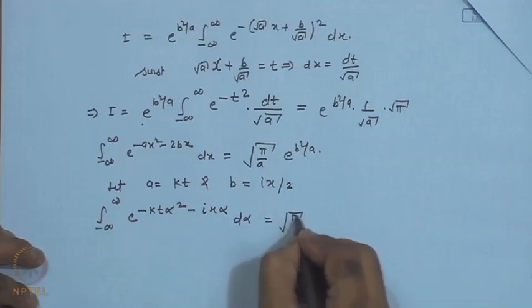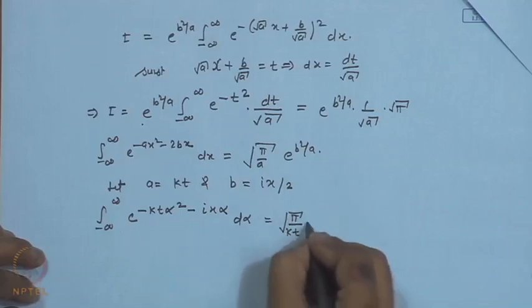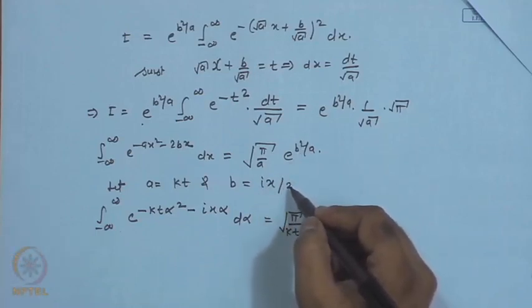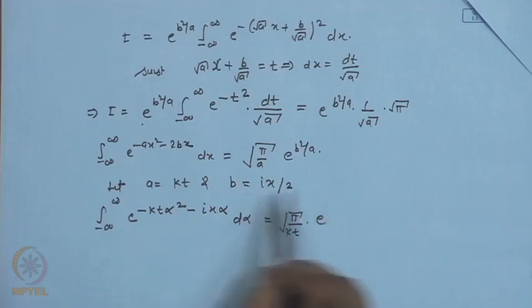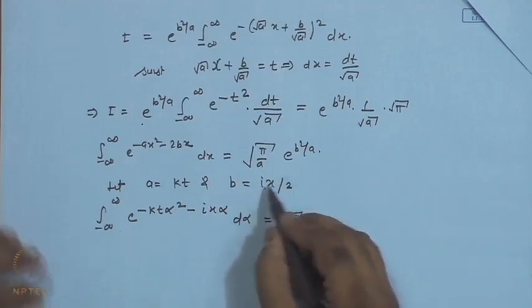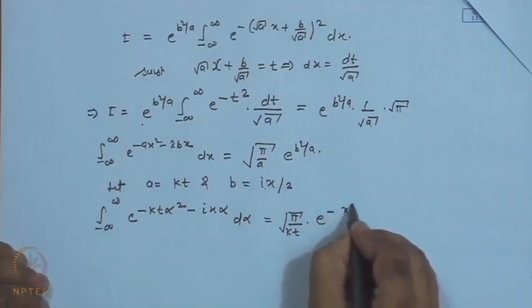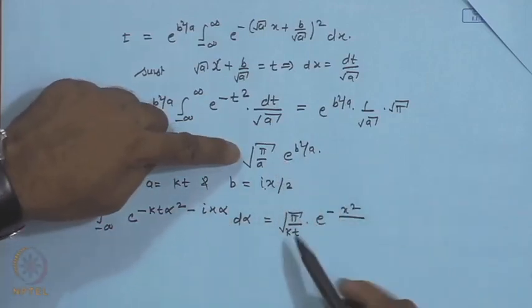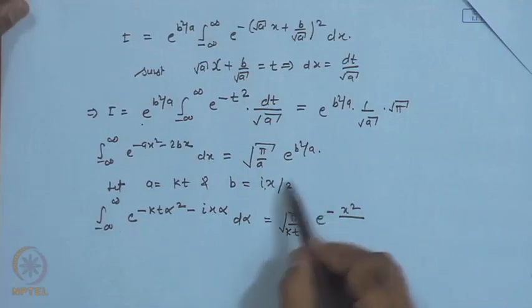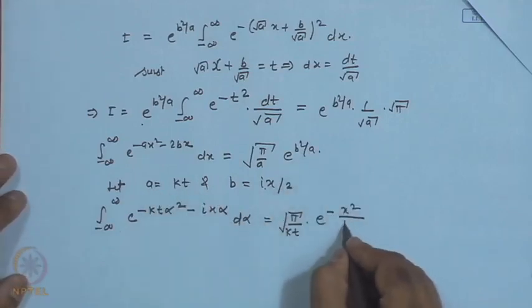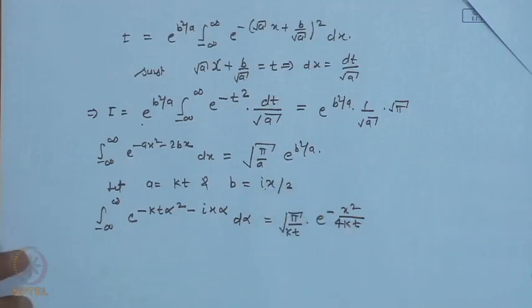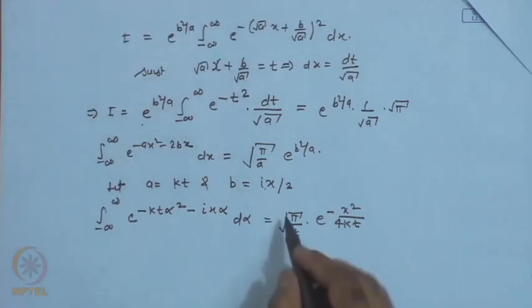We have pi over a, which is k t, and e^(b^2/a), where b^2 is i^2 x^2 over 4, that is minus x^2 over 4, and a is k t. So, b^2 over a gives minus x^2 over 4 k t, and we have the square root of pi over k t.